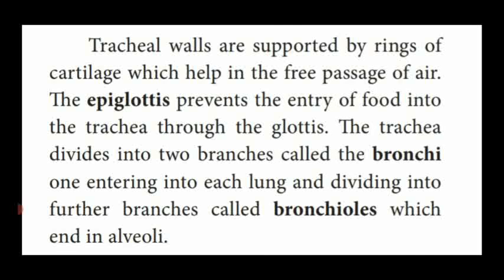The trachea is again divided into two branches called bronchi, each one entering each lung and dividing into further branches called bronchioles, which end in small sac-like structures called alveoli.